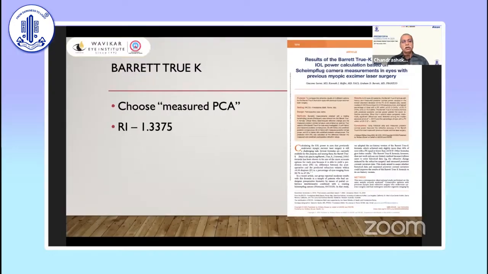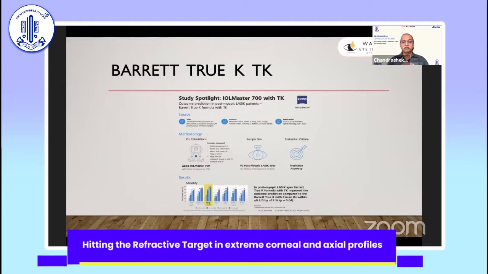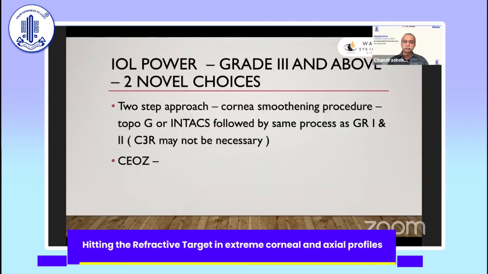Okay, now there is a paper published which says that in Barrett-Truquet, we better go by measured PCA rather than the estimated. And that is further enhanced by the fact that when we use Barrett-Truquet TK, that is total keratometry, the number of patients who are within plus or minus 0.5 of emmetropia went up by a whopping 12%, which is a very big percentage.